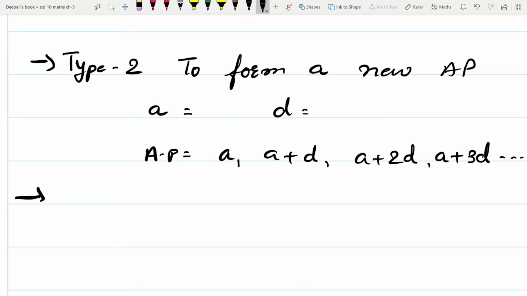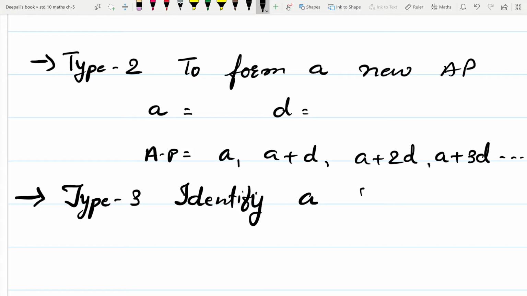Then you have to identify, in type 3, A and D in the given question.